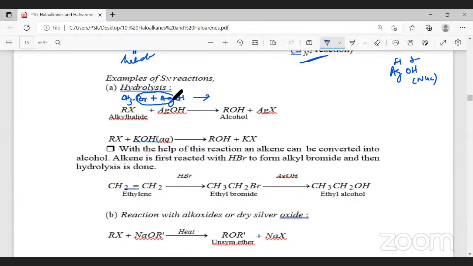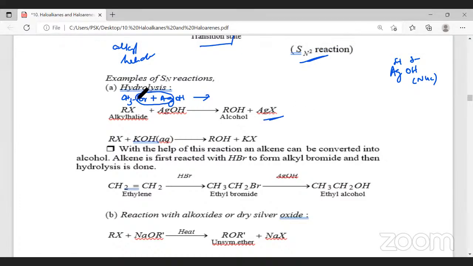Ag and Br get eliminated as AgBr. In place of Br, OH goes. Therefore, the product we get is CH3OH, an alcohol. So it's called a nucleophilic substitution reaction, because OH minus is a nucleophile, an electron rich group.